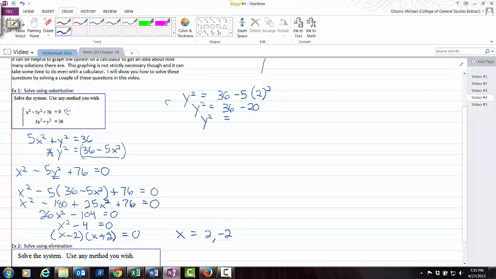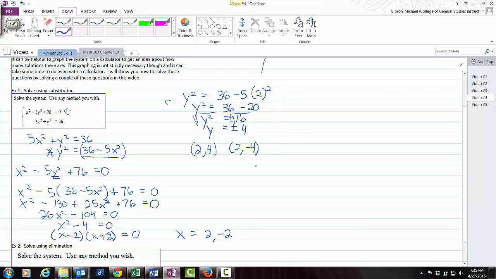Y squared equals 16. So that gives us y. If you take the square root of both sides, remember whenever you take the square root of both sides, you have to take plus and minus, right? So that's going to get us plus and minus 4. So we stuck 2 into this. We're going to get 2 comma 4 out of it, but we also get 2 comma minus 4.